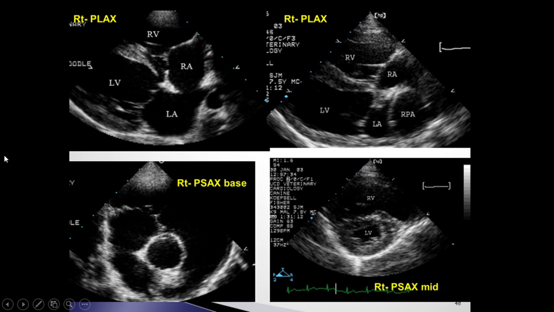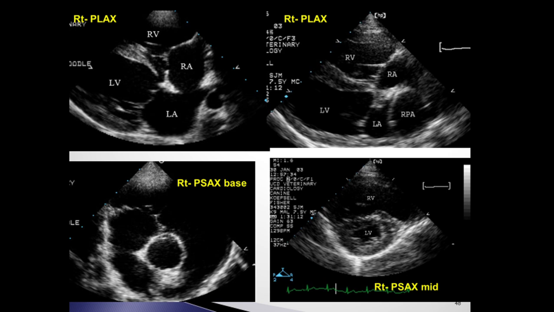Before I finish the PLAX and left parasternal view, I want to mention the right parasternal PLAX. As I mentioned, right parasternal we can use in some patients for that study. For getting right parasternal, we have to turn the patient to the right side with the right arm up, and instead of putting the cursor perpendicular to the chest, we point to the left hip of the patient.